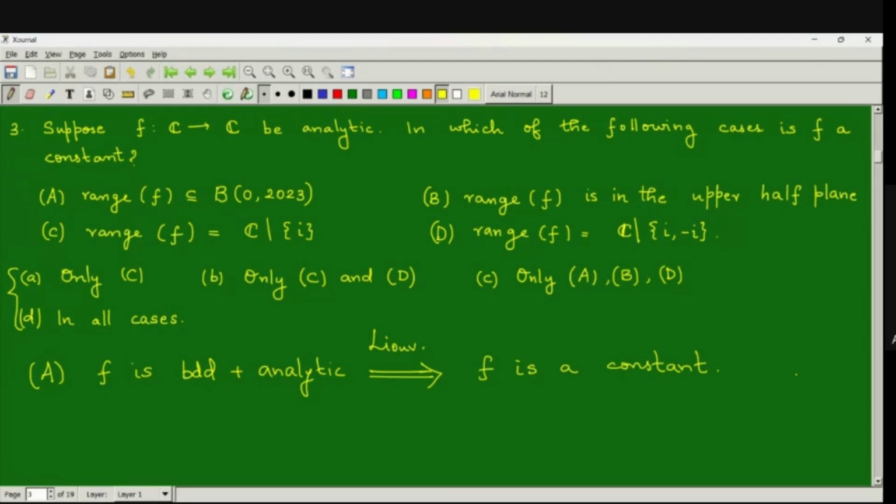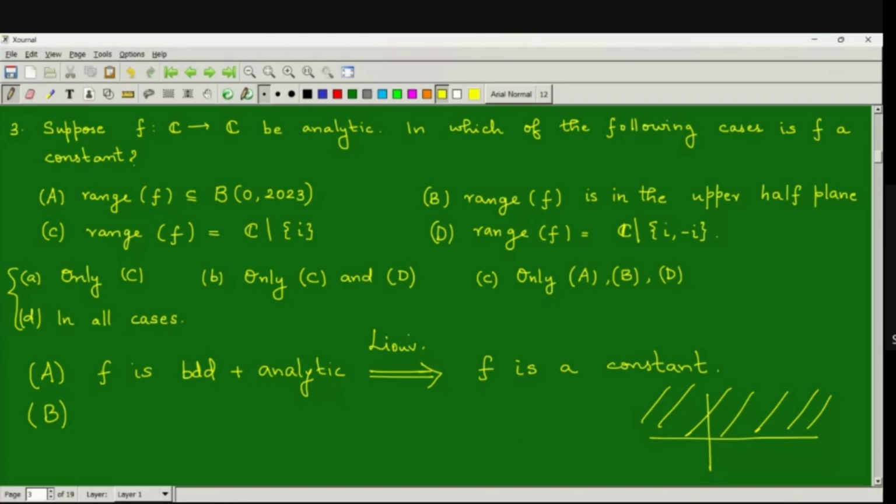Okay. So what is B telling us? Range is the upper half plane. Means what? Range of F leaves many points. But Picard's theorem says that the range of F can leave at most only 1 point.